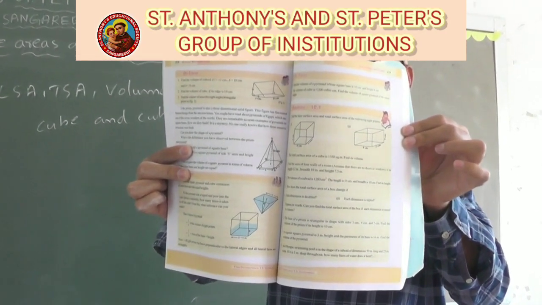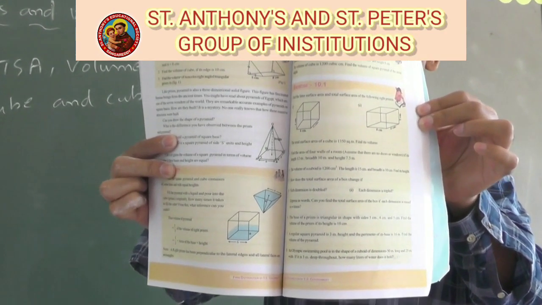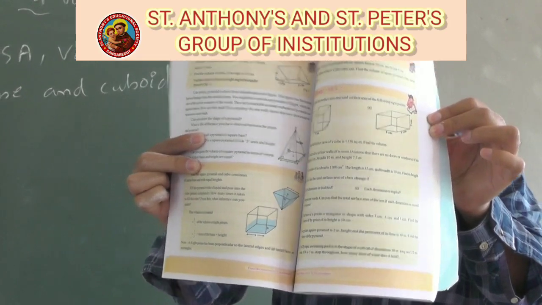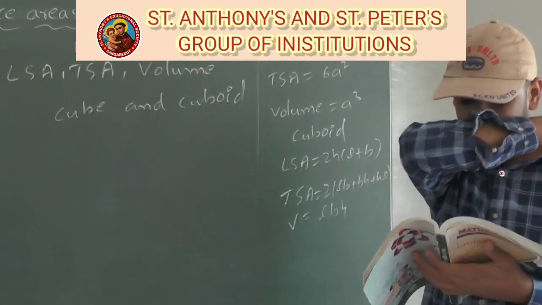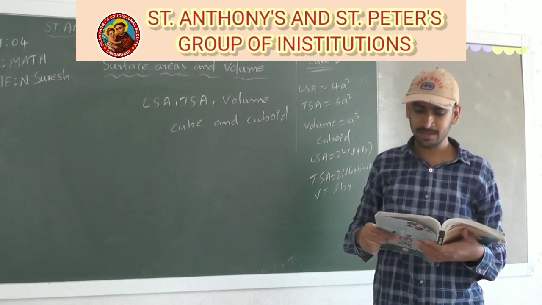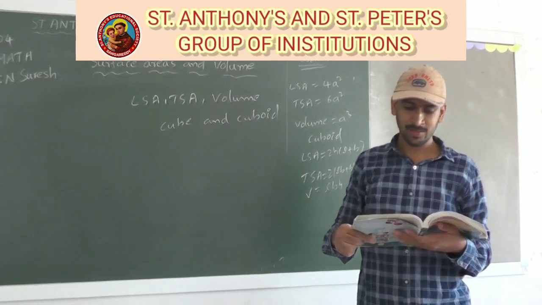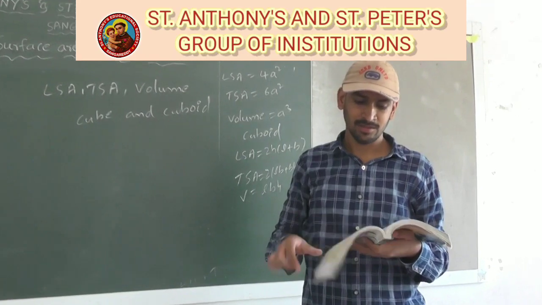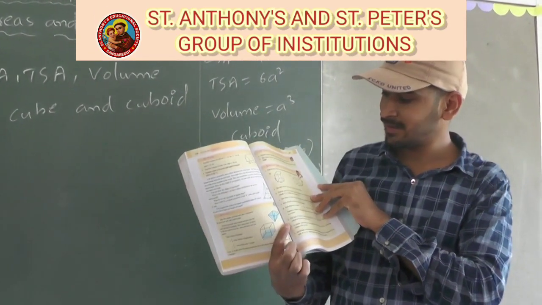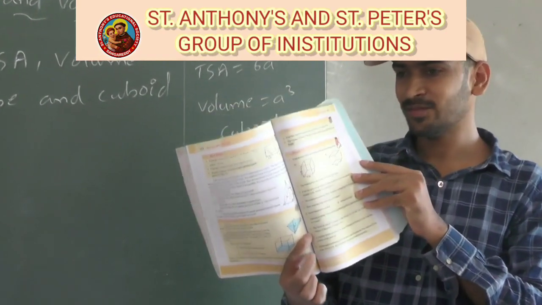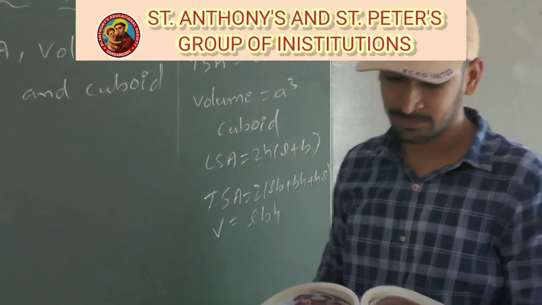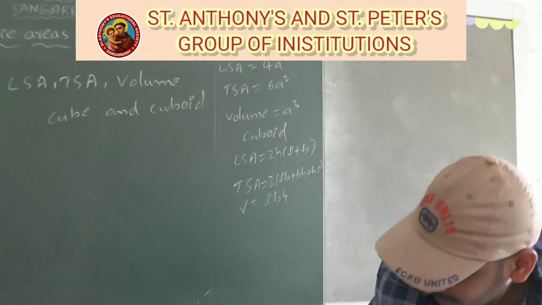So first, exercise 10.1 from the chapter on volumes and surface areas. You can see the first problem. Find the lateral surface area and total surface area of the following right prisms. It may be a cube or cuboid. First is given a cube, each side is 4 centimeters. We have to find the total surface area and lateral surface area.